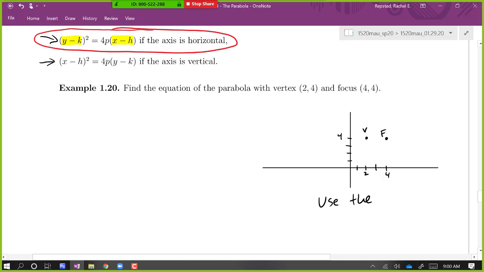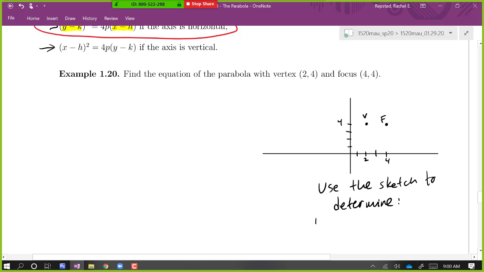Just want to mark this down. One, that it's oriented horizontally. Two, you said to find the directrix. So what is the directrix? Is the y-axis. Yeah, so that's x equals 0.